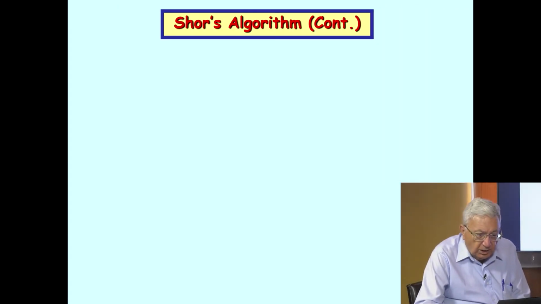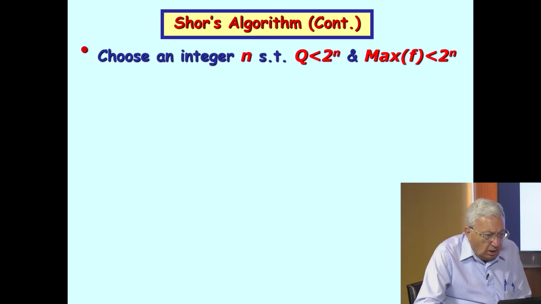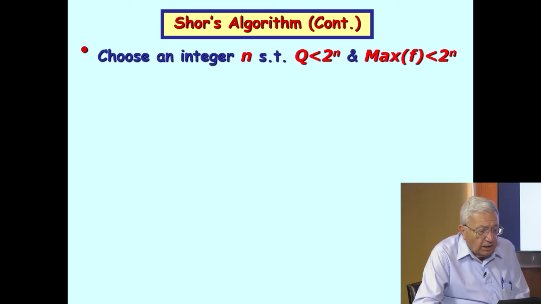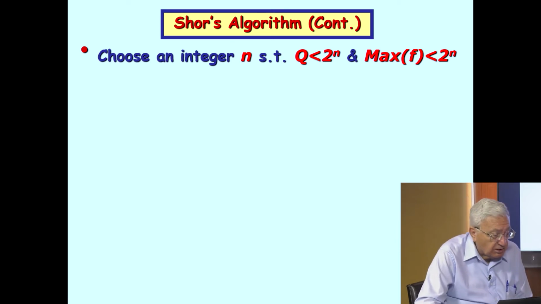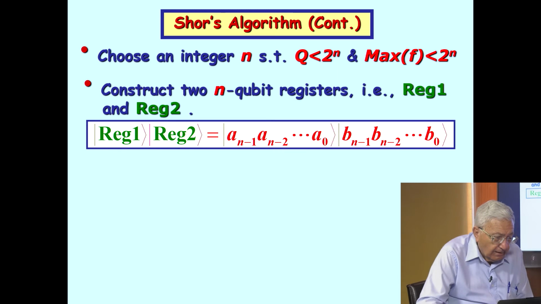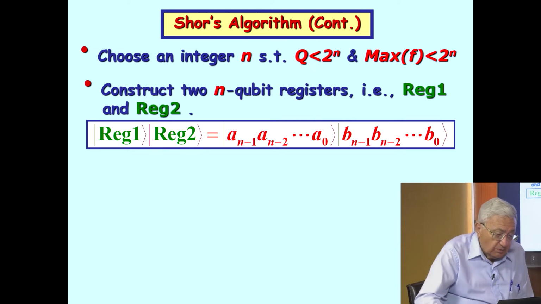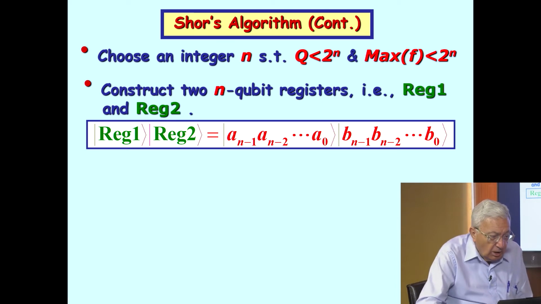Shor's algorithm continued. Let's choose an integer n such that q is less than 2 to the n, and the maximum value of f is less than 2 to the n. A better way of doing that is to choose q between n squared and 2 times n squared.